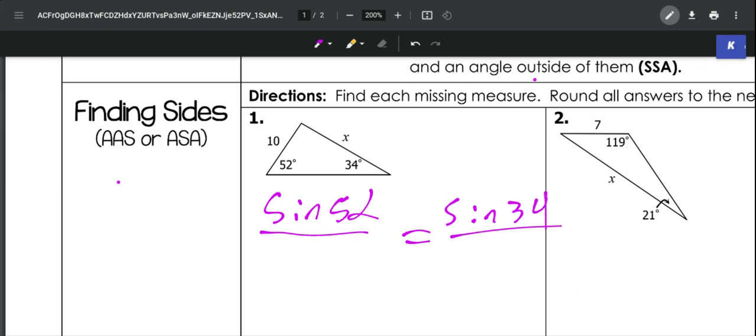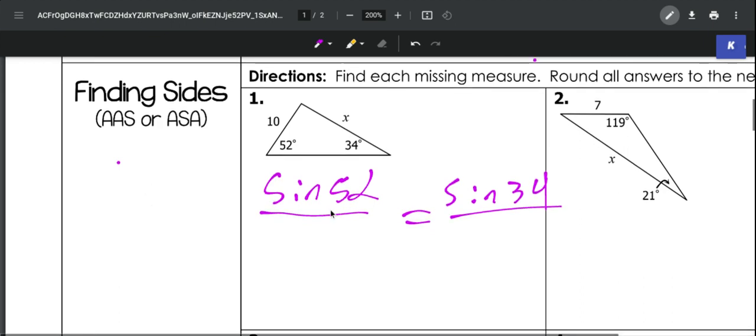Now, the denominators are just whatever the opposite side of that angle is. Like sine of 34, the opposite side of 34 is 10, so we have a denominator of 10 over here. For sine of 52, we start here and go to the opposite side, and it would be x.